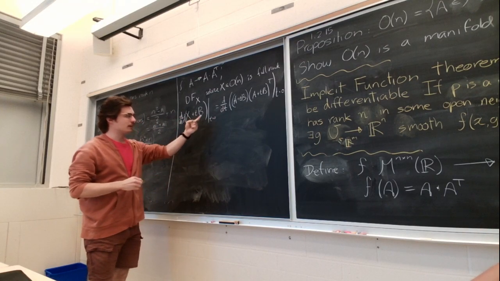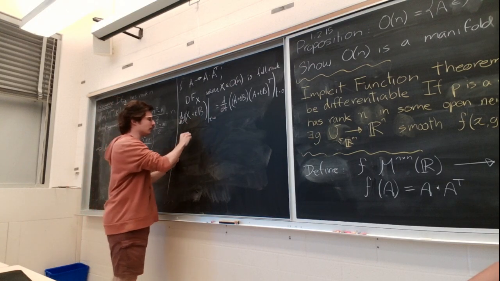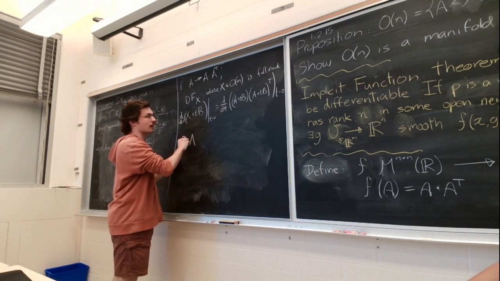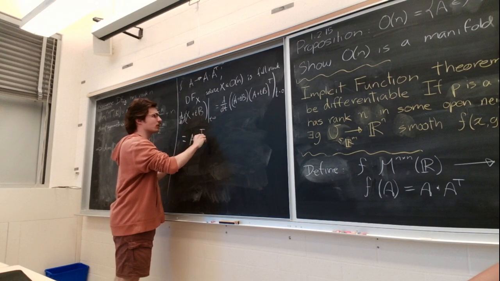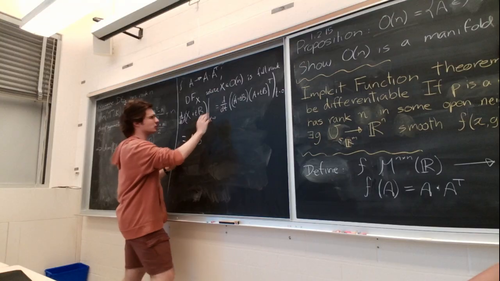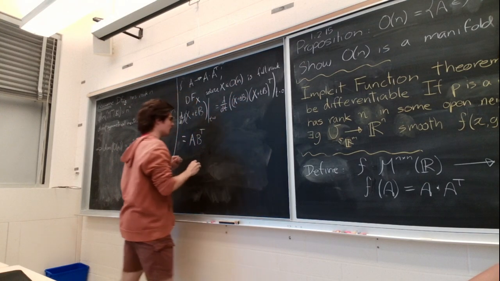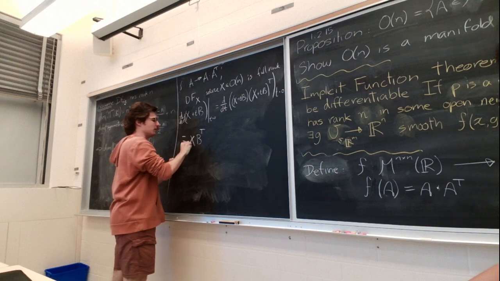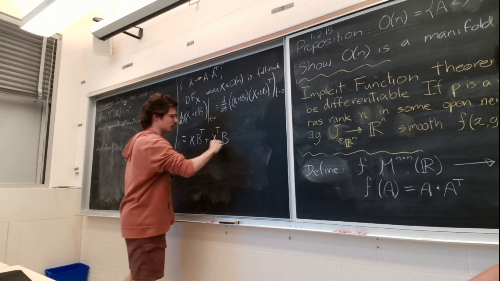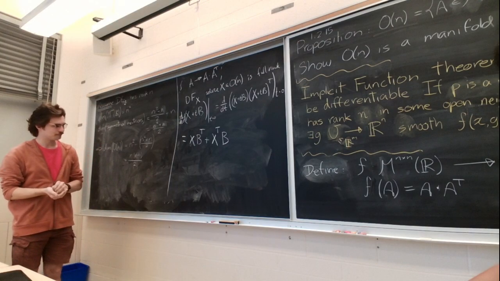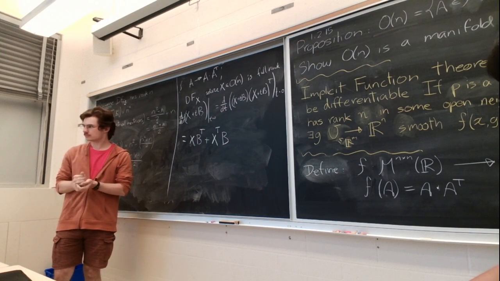So if I take this derivative at t equals 0, sorry, why is this A? This should be X. It's going to be X B transpose plus X transpose B. Do you agree?